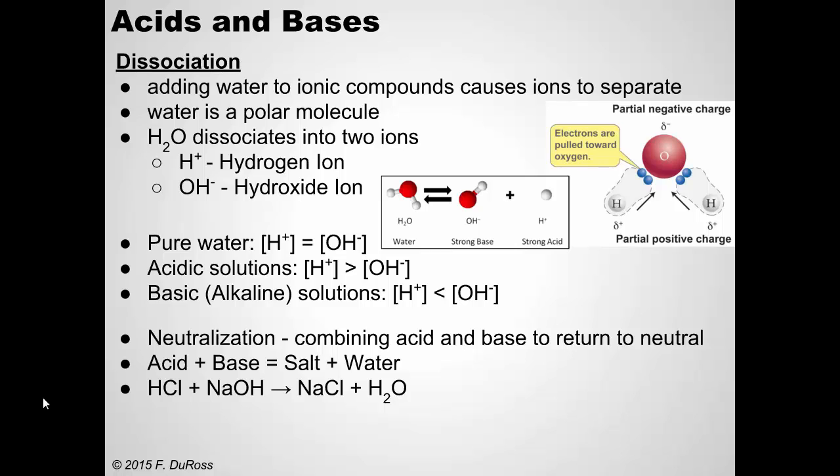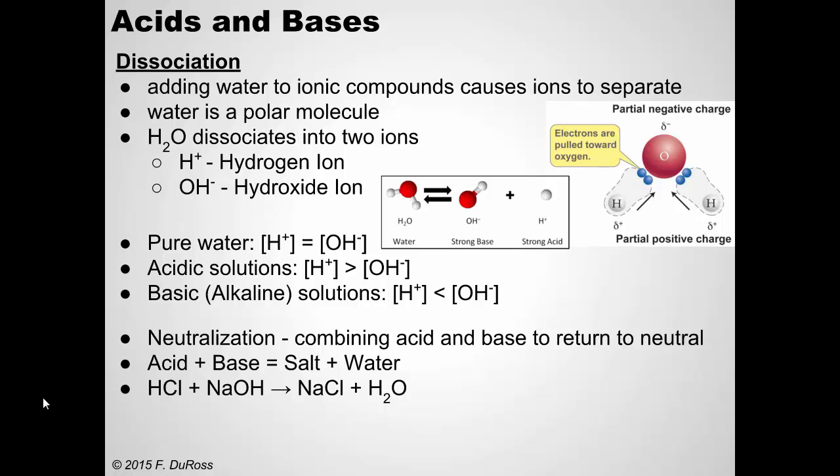Also, we can neutralize. If we add an acid and a base, then the high concentration of hydrogen ions from the acid combines with the high concentration of hydroxide ions from the base, and they sort of cancel each other out. They neutralize each other. When we mix an acid and a base, what we end up with is basically neutral water plus a salt.